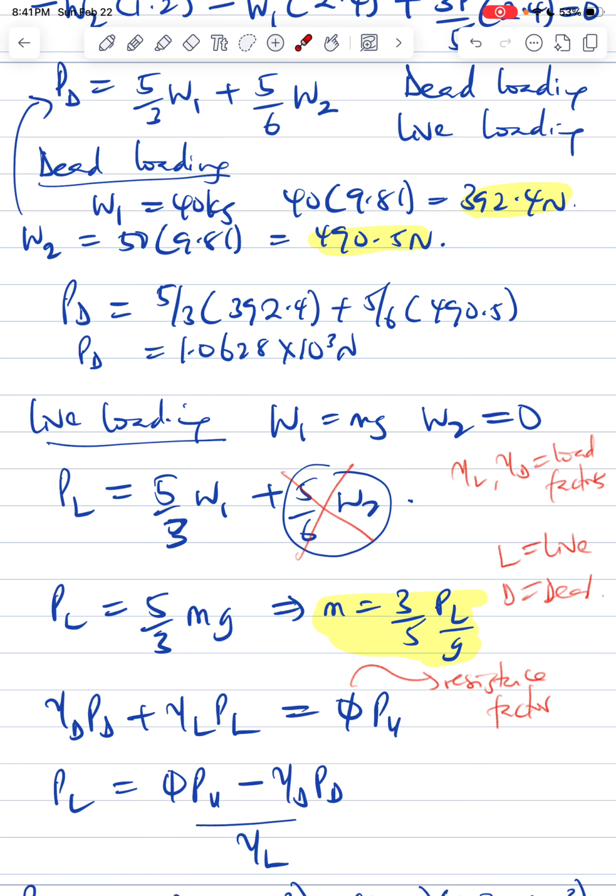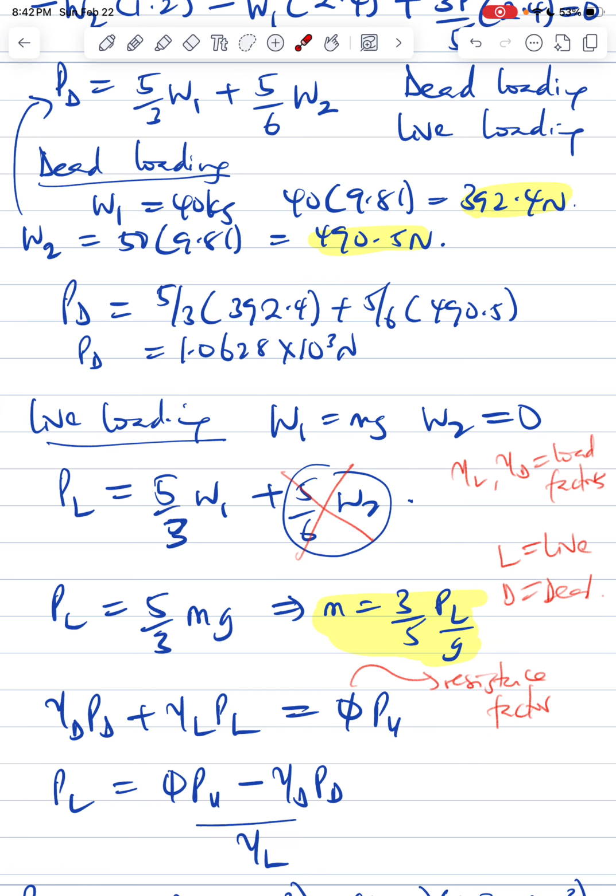So if you use this same expression here, you change W to mg and make m the subject of the formula, which is simply multiplying PL by 3 and dividing by 5g, which gives us this here.